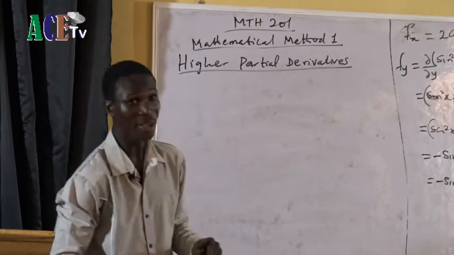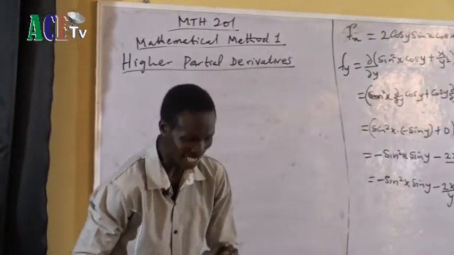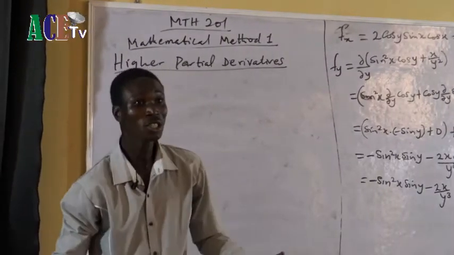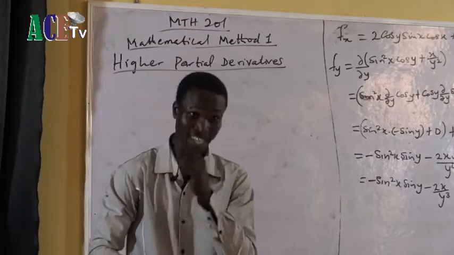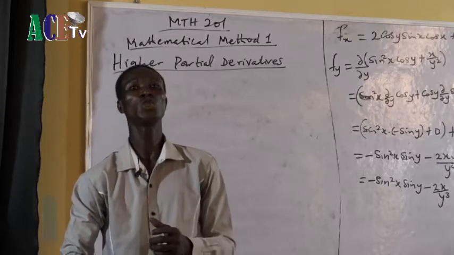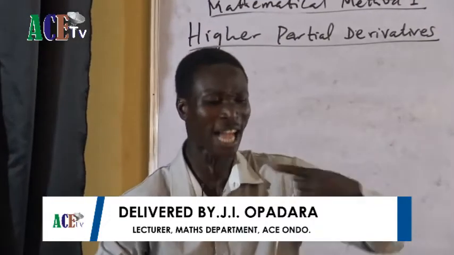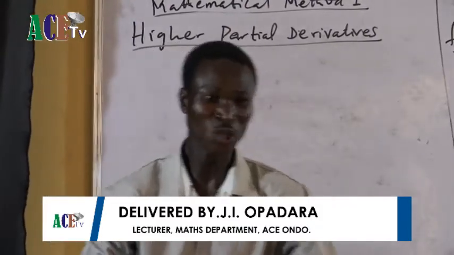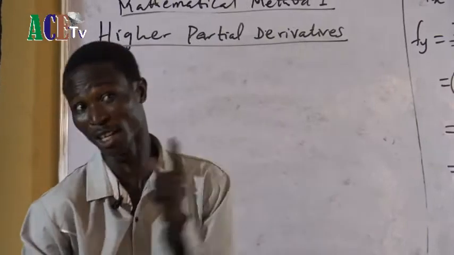The same way, if we have a function of more than one independent variable, I can find second, third, fourth partial derivatives. But mind you, in ordinary differentiation, to find higher derivatives, you differentiate the function with respect to only one variable every time: dy/dx, d²y/dx², d³y/dx³, up to a million times.